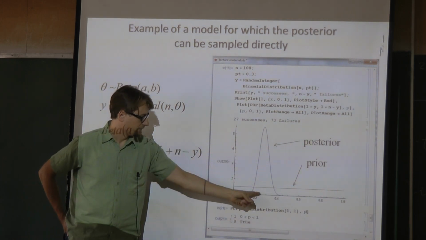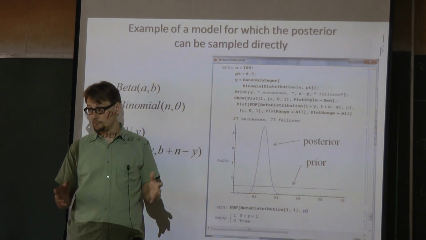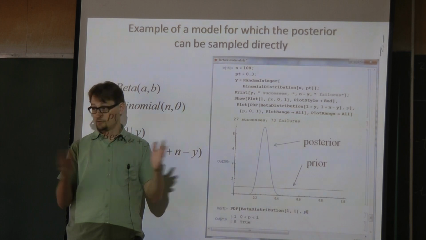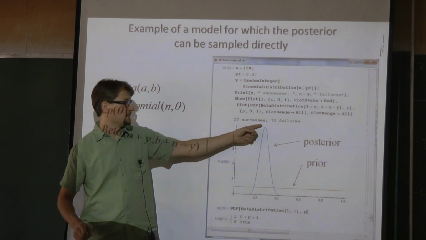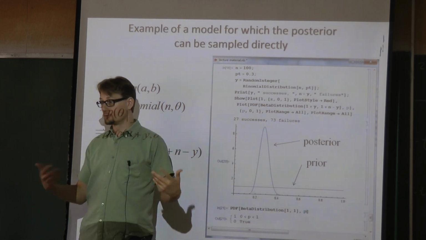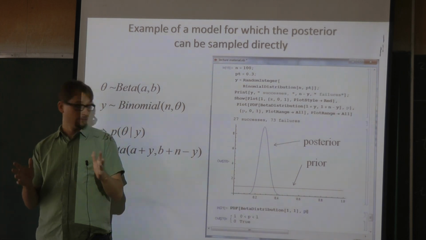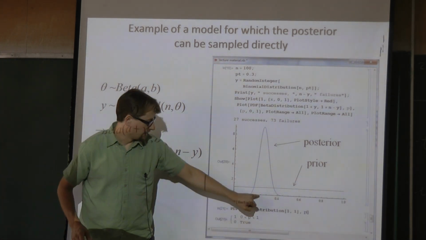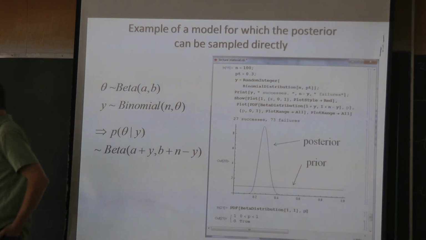You see that it's concentrated close to 0.3, which is the true value. And then the width shows the amount of uncertainty. The peak is not exactly at 0.3 because in this case 0.27 is what looked like the most likely value. But 0.3 nicely falls within the core of this distribution.